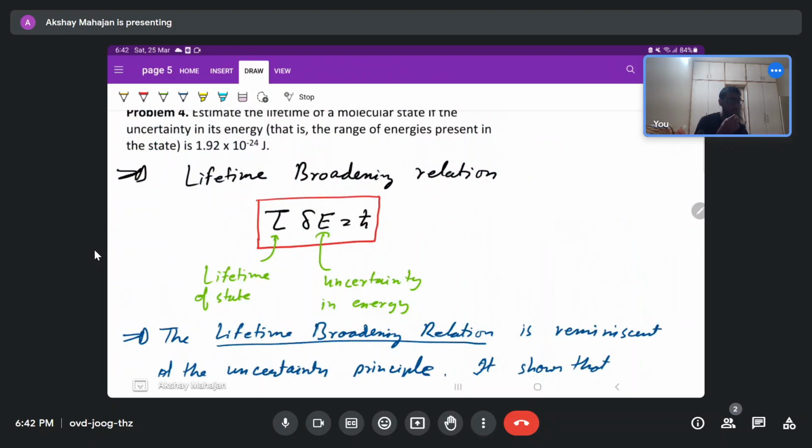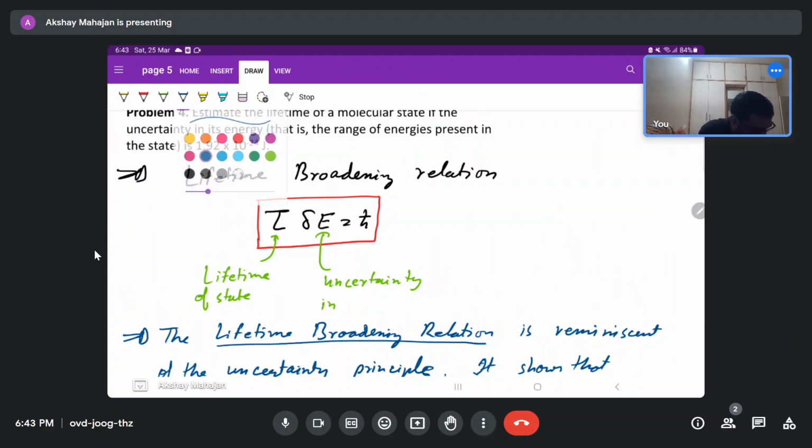So if our lifetime is very small, then h cross by tau will be a higher value, so the uncertainty in its energy will be larger if the lifetime is smaller.